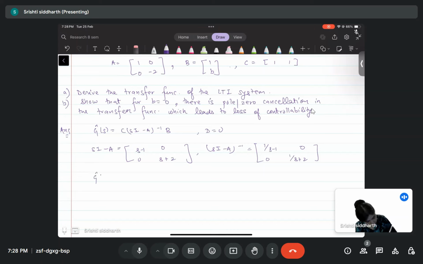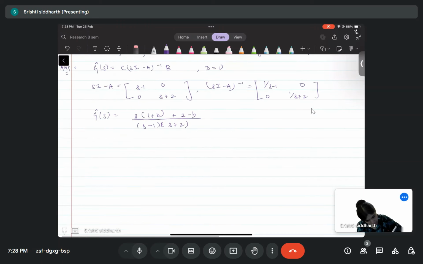G hat of s is (s times 1 plus b plus 2 minus b) upon (s minus 1)(s plus 2). This is part A.